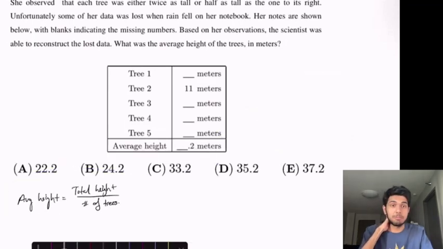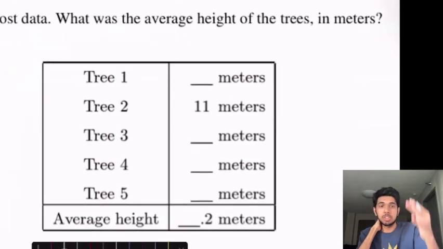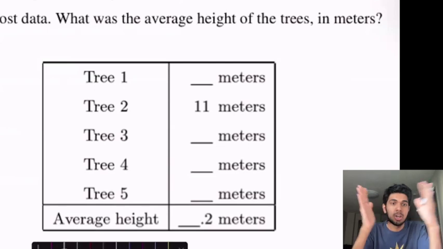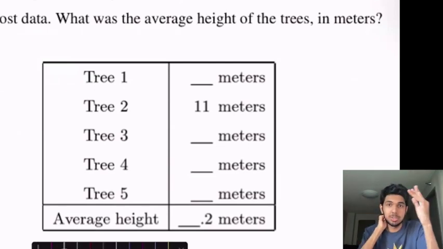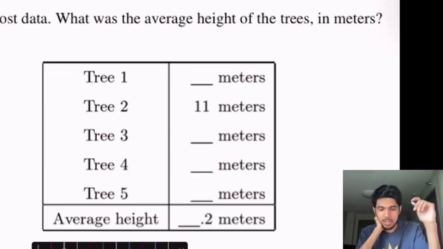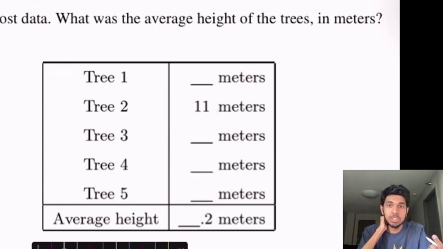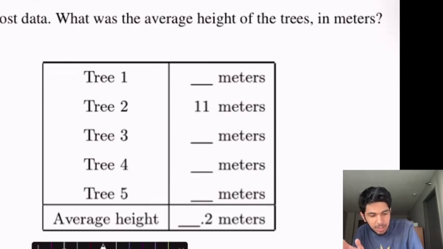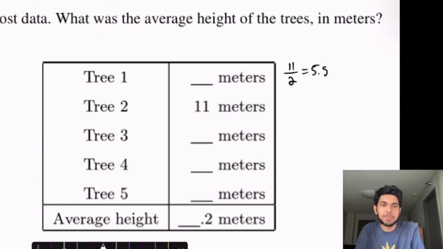Let's try to see if we can figure out the heights of the trees. We know that each tree is half as tall or twice as tall as the tree to its right. So tree 2 is to the right of tree 1, and we know tree 2 is 11 meters tall. If tree 1 is half as tall as tree 2, then it would be 11 halves meters high, which would be 5.5.